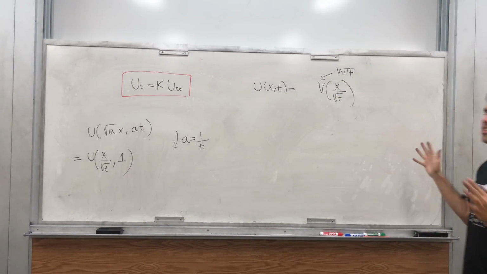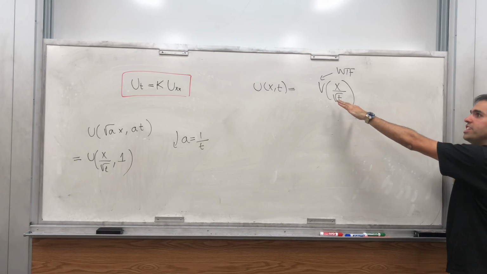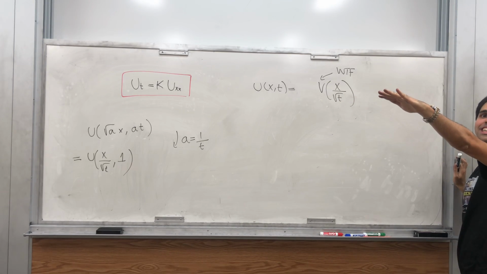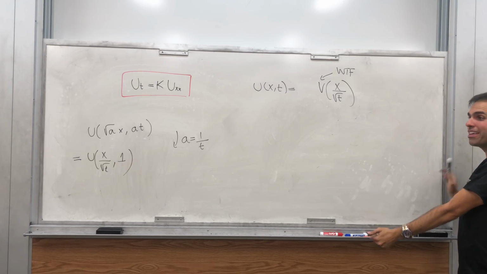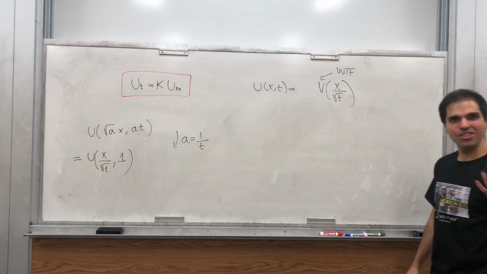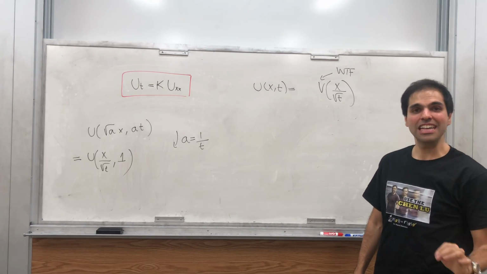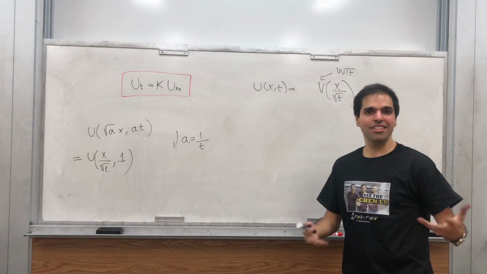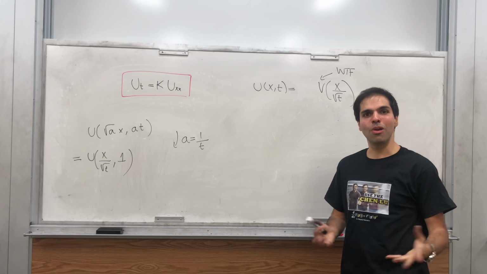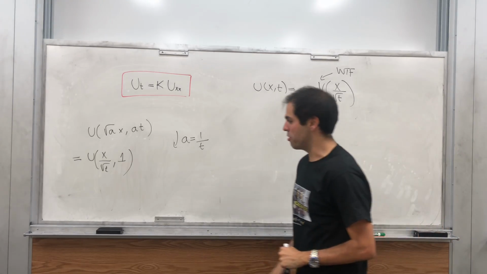The reason is as follows. Suppose v is identically 1. Then u would be identically 1. But for the solution that we'll talk about, we would like things to blow up.